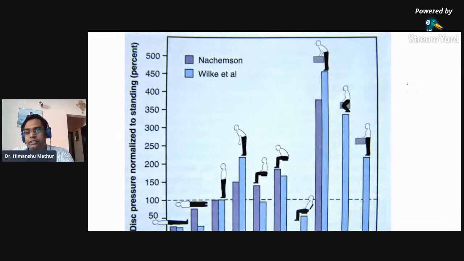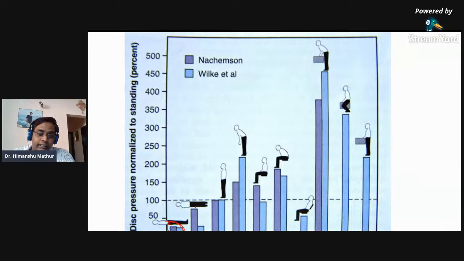Now, this is a very important slide which is telling you how the intradiscal pressure changes with different postures, right? Whenever you are lying, you see that the smallest curve, the smallest graph, comes here. So the pressure on the disc is least whenever you are lying supine.